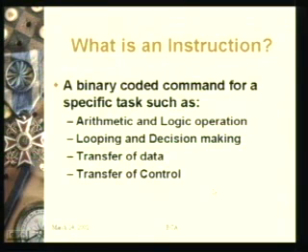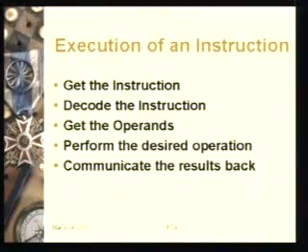Now all these four operations are quite primitive in nature. That means a computer, which is basically an instruction executor, performs very simple operations like transfer of data, transfer of control, arithmetic, logic, conditional, looping, those kinds of operations.